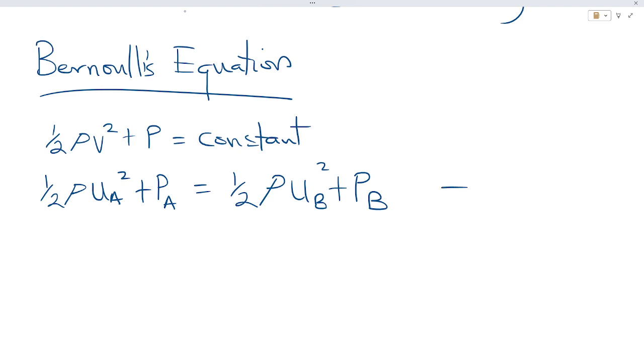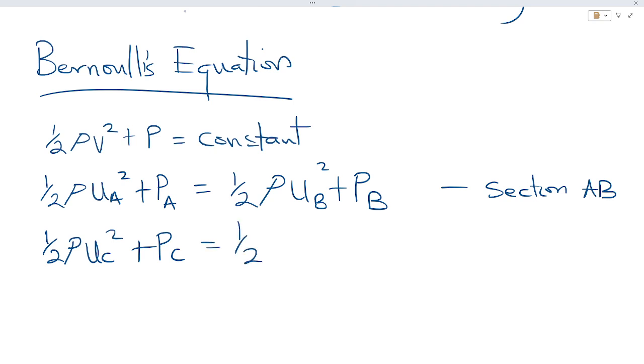That's for section AB. Also, we can say half rho UC squared plus PC equals half rho UD squared plus PD. That's for section CD.